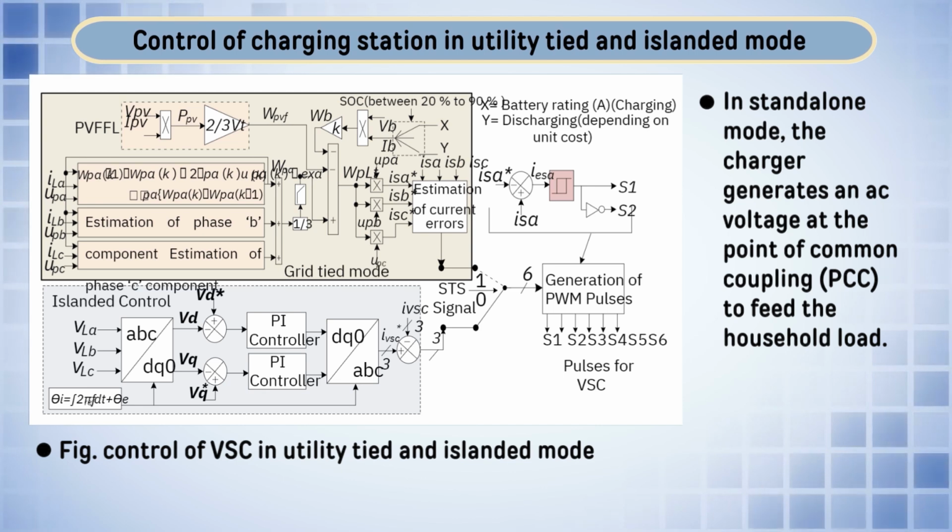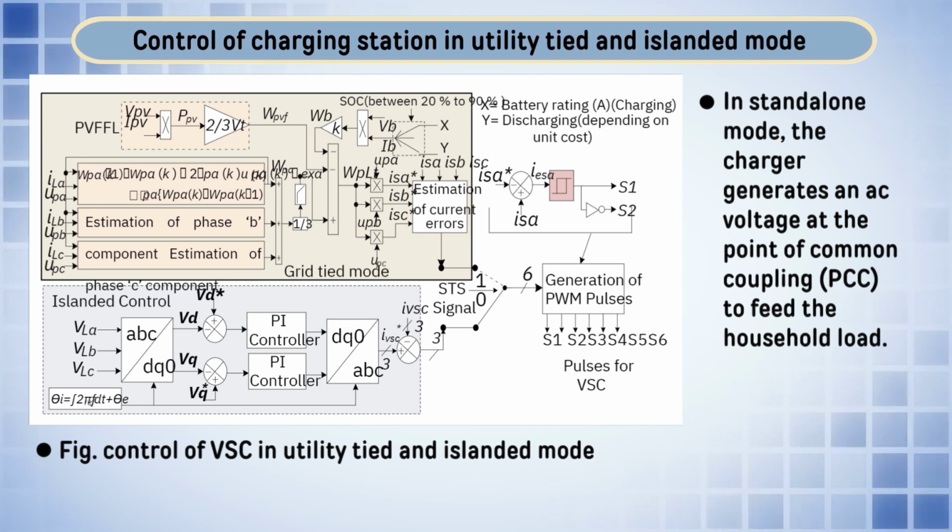We have the voltage source converter, it is controlled in voltage control and current control mode. We have the STS also, which takes care of the mode shifting control, and then finally boost converter control. So, current control and voltage control is achieved here.